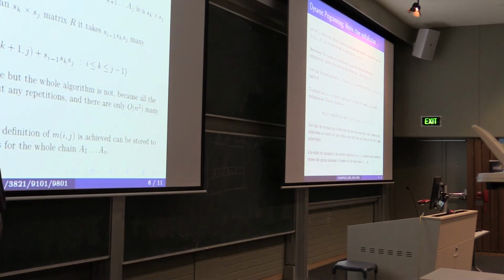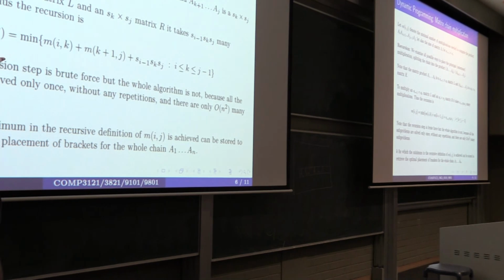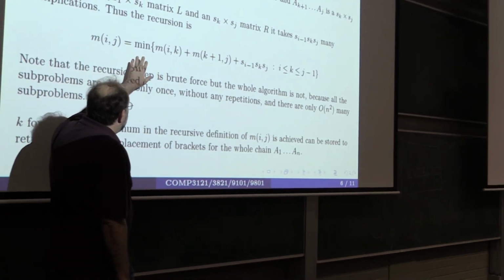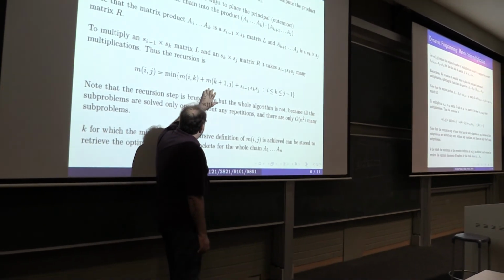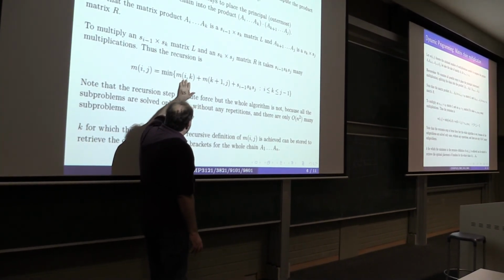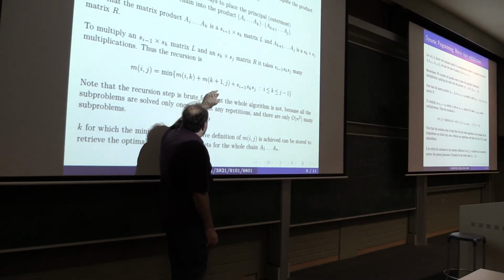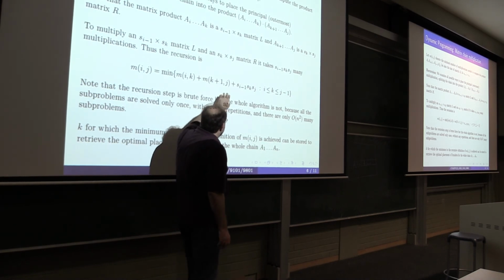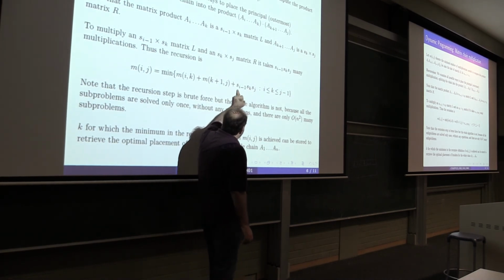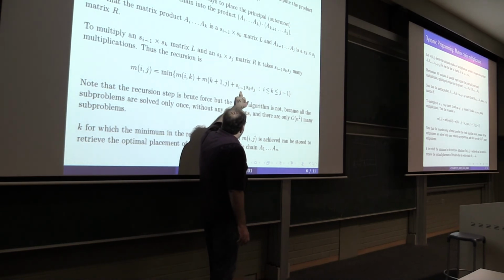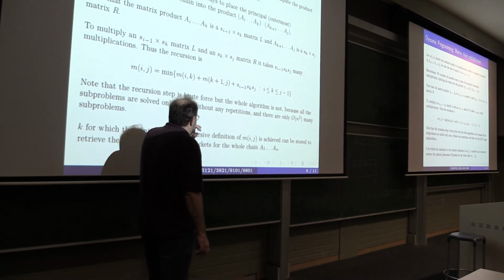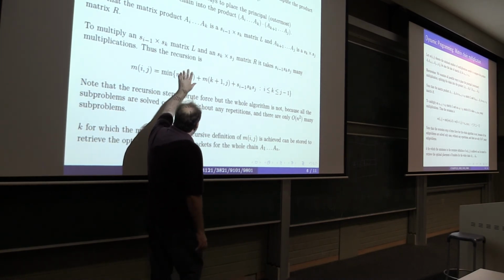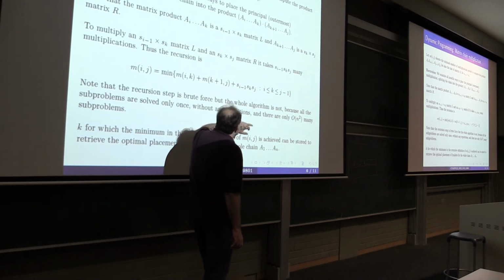However, in this way, the total number of multiplications is computed from previously evaluated optimal numbers of multiplications to multiply matrices from I to K, and then from K plus 1 to J, plus the price. If you see, this is precisely how many multiplications you have to do to multiply this product by that product, right?